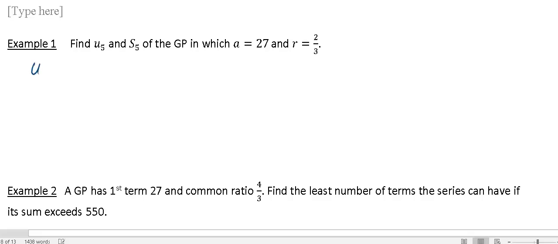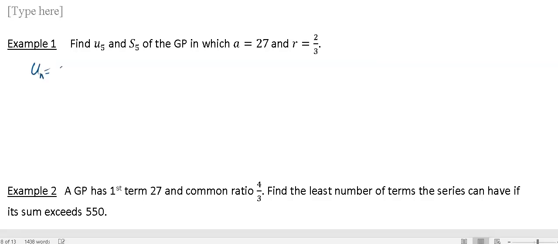This example says find U5 and S5 of the GP in which A is equal to 27 and R is equal to 2/3. So U5 first of all. For Un, we'll write down our formula. First of all, it's A times R to the power of n minus 1. So U5 in this case is equal to, my A is equal to 27, my R is 2/3, and my n minus 1 then, 5 minus 1, is going to be 4.